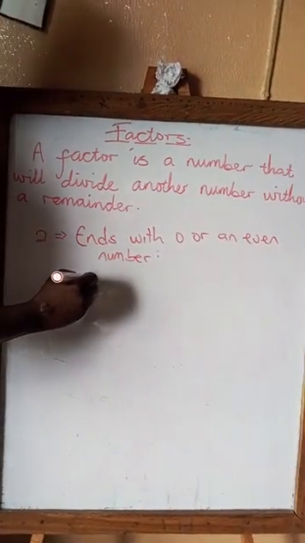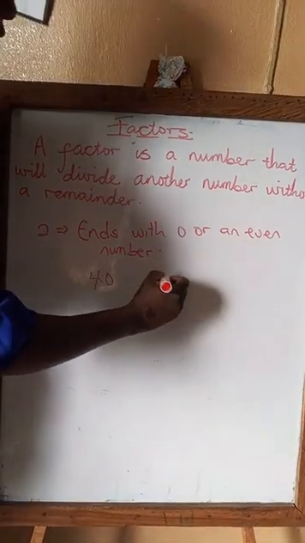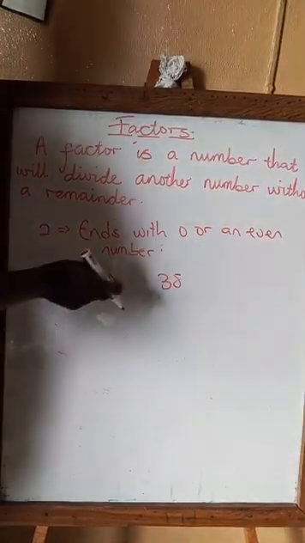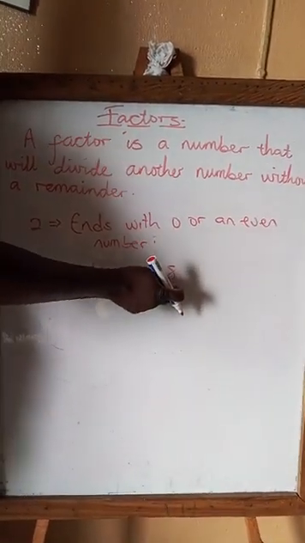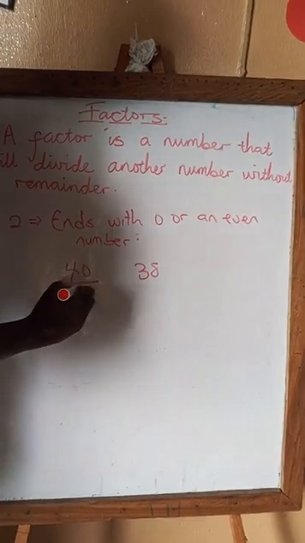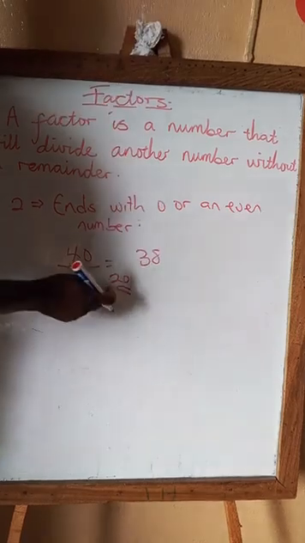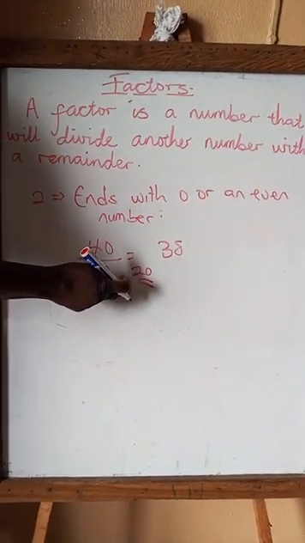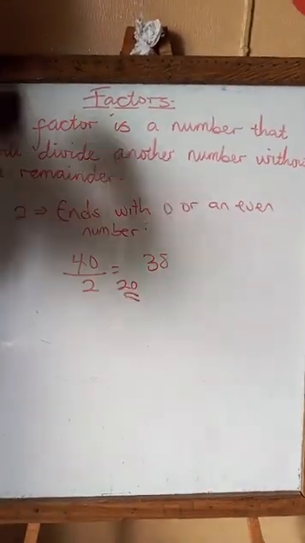Example, let us look at 40. Let us look at 38. 40 divided by 2 is 20. So 2 is a factor of 40 because it will divide it without a remainder.